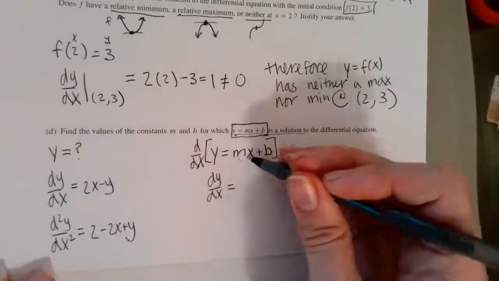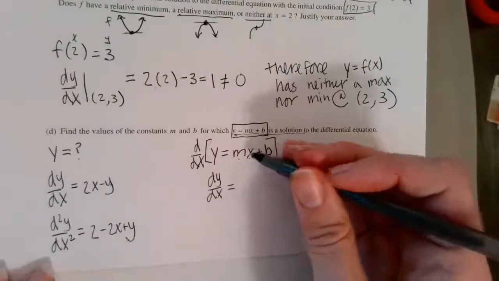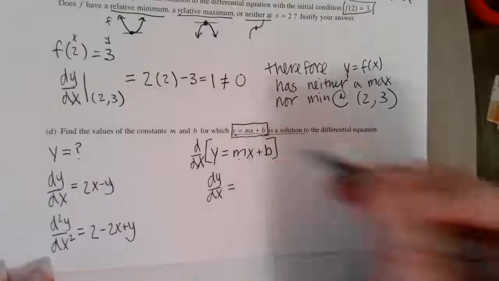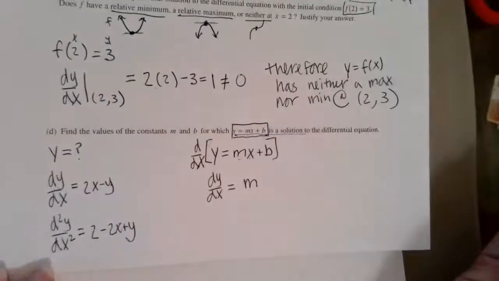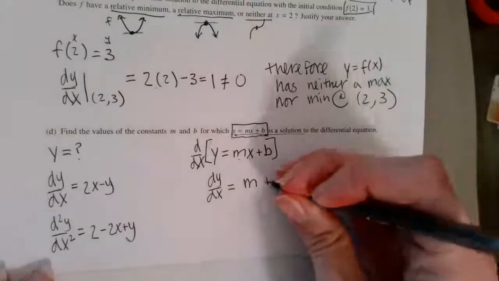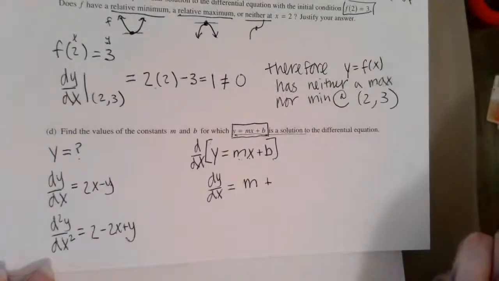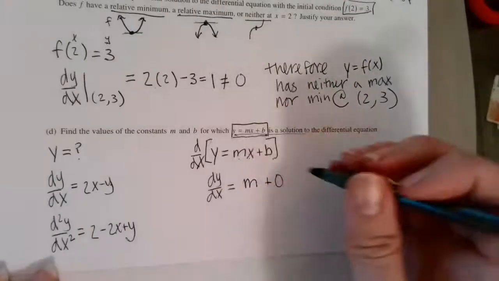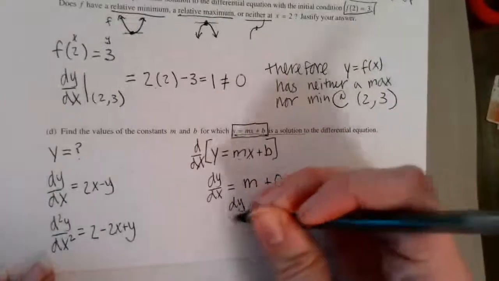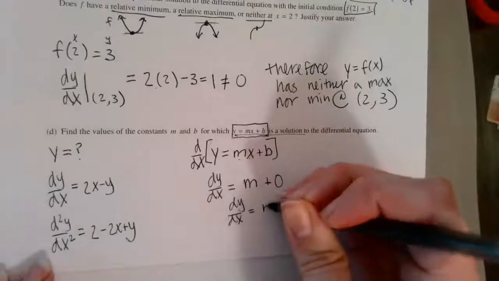Derivative of mx, well, this would be like derivative of 4x, it'd be 4. Derivative of mx is just m, plus the derivative of b is 0. So dy dx equals m.